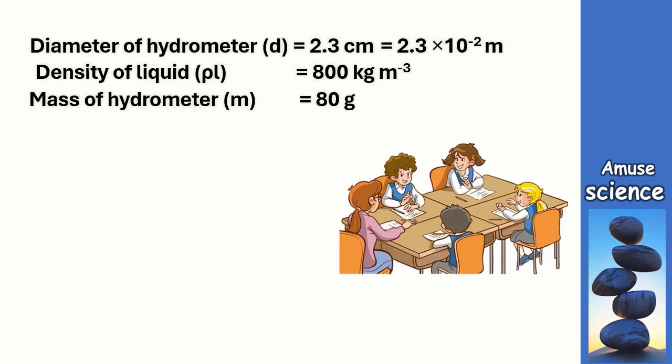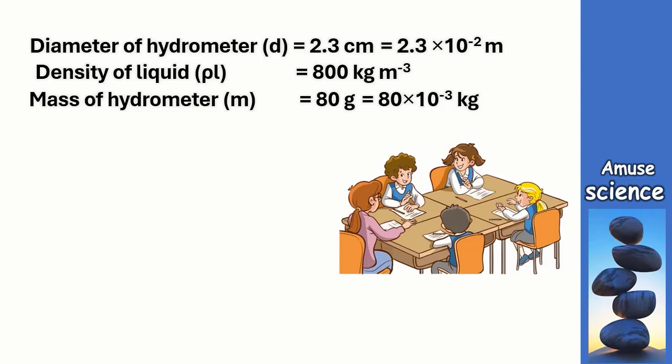And so we have to introduce kilo into our answer. By converting from grams to kilograms, we are going to get 80 times 10 exponent minus 3 kilograms.